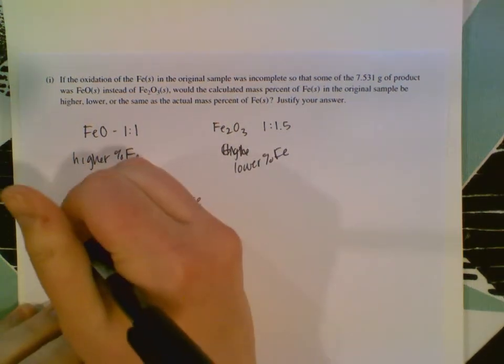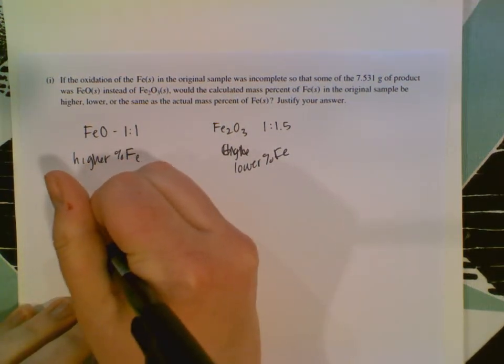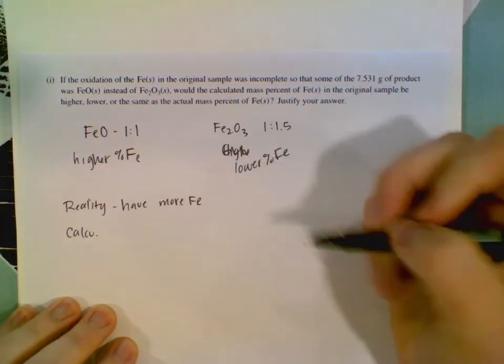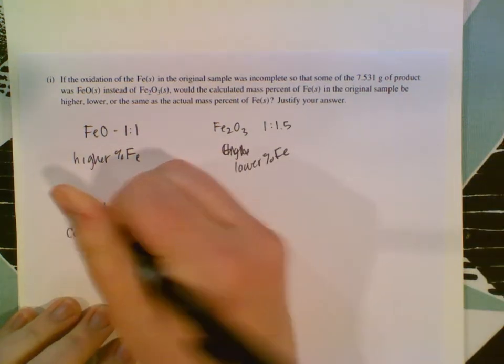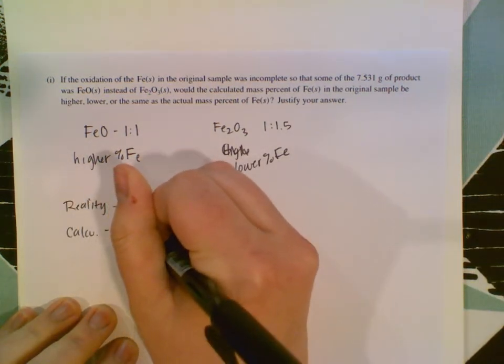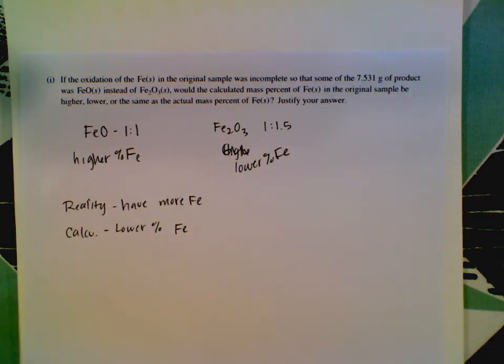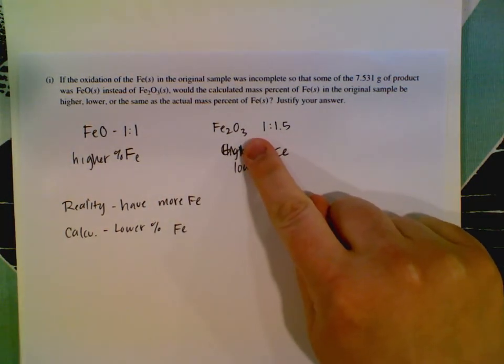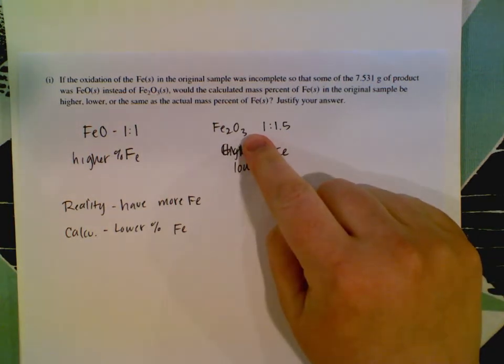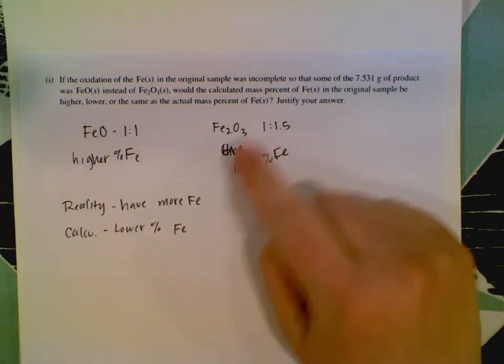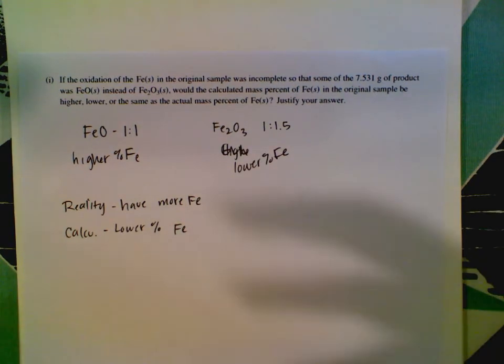But my calculation, assuming that it was all Fe2O3, means that I think it has a lower percentage of Fe. So because I assume all of it is a product that has a lower percentage of iron, my calculated value is too low. My true value is high.